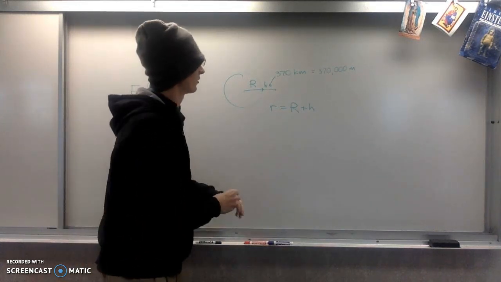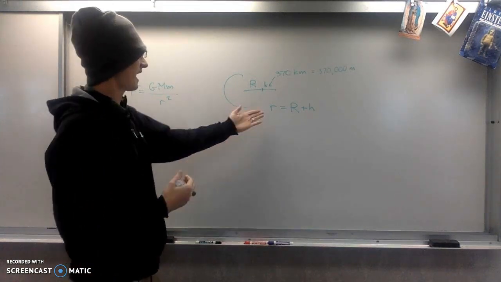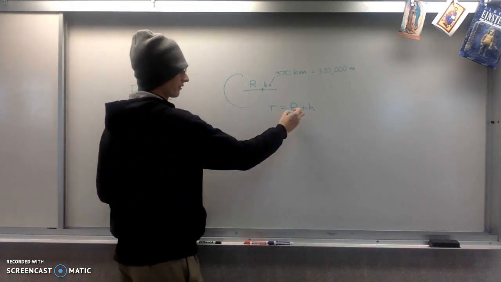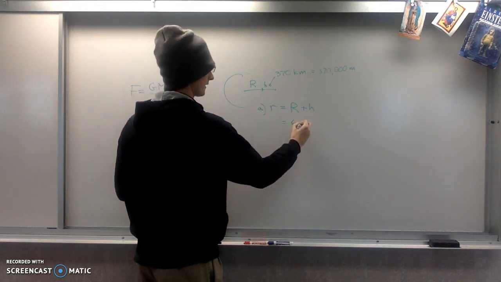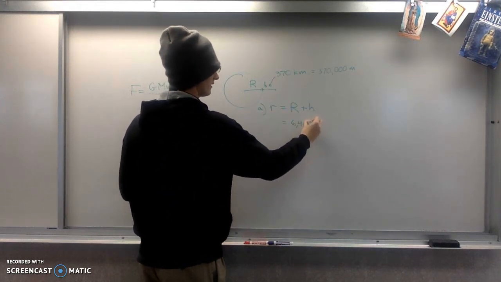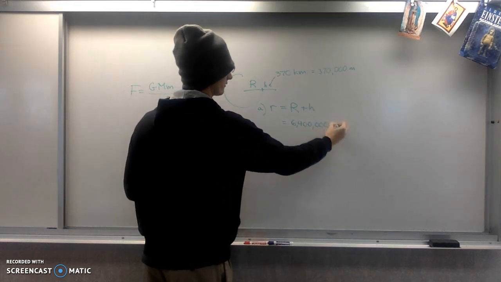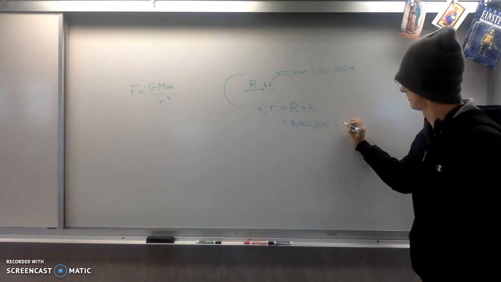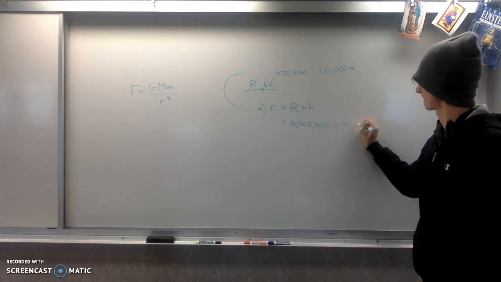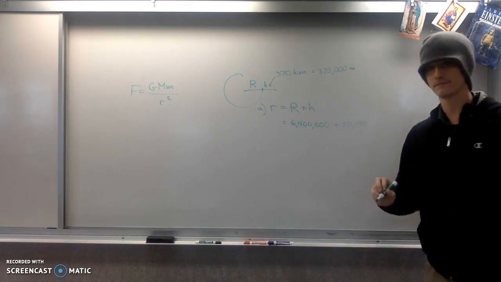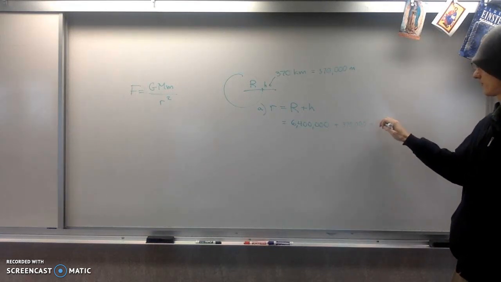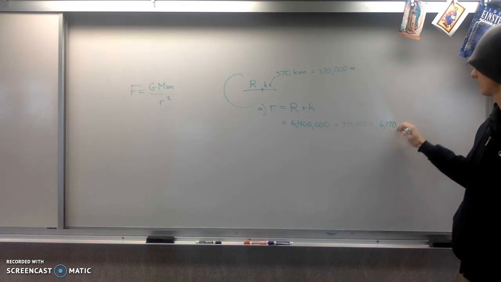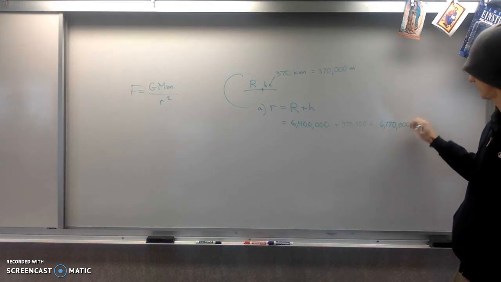Okay, if we calculate the actual center-to-center distance, we're going to have to throw in the radius of the Earth, which I won't make you convert, for the sake of saving time on YouTube. 6,400,000 meters plus 370,000 gives 6,770,000, a lot of meters.